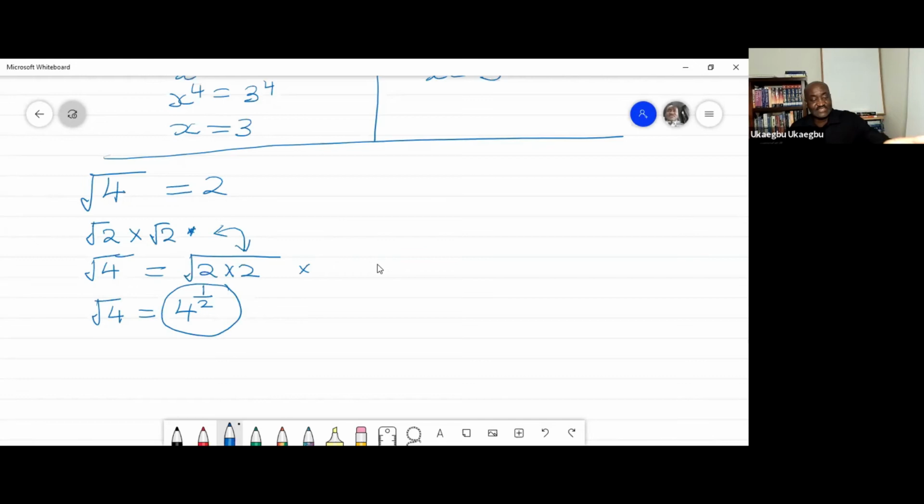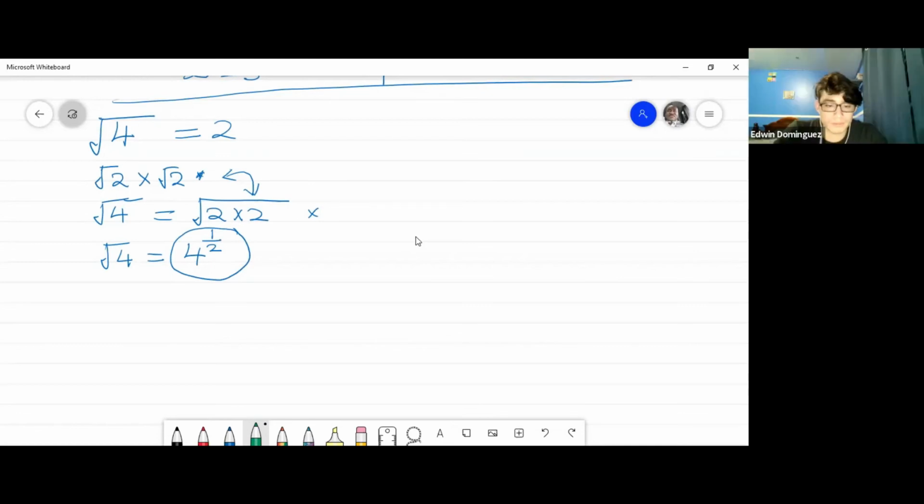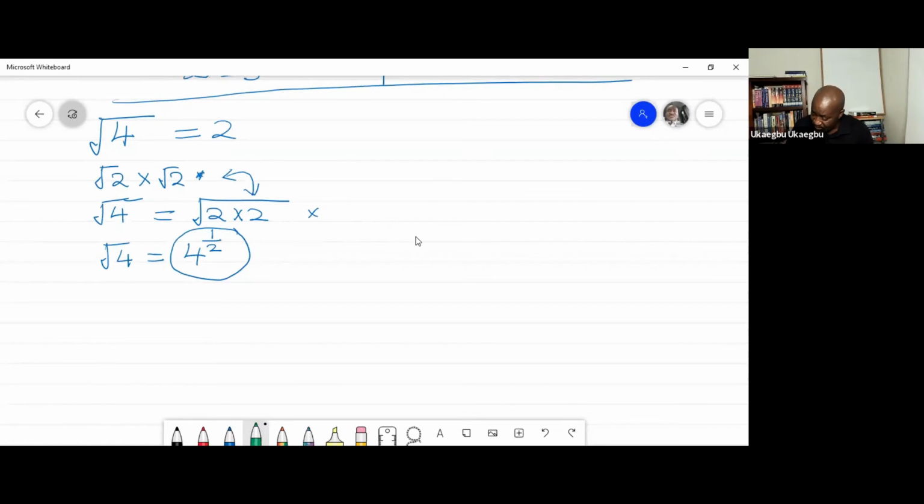Okay, so now why is it equivalent? Let's look at why it is going to be equivalent. So let me pick a different color. We know that 4 can be written as 2 times 2, right? True. So 4 can be written as 2 times 2, and then we are saying that it is raised to power 1 over 2. On the other hand, 2 times 2 can also be written as 2 raised to power 2, raised to power 1 over 2.